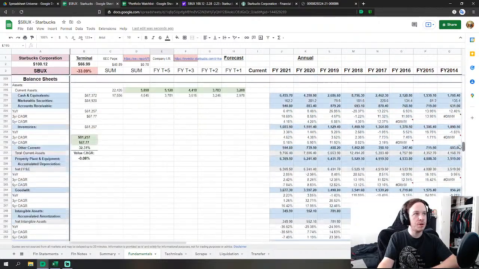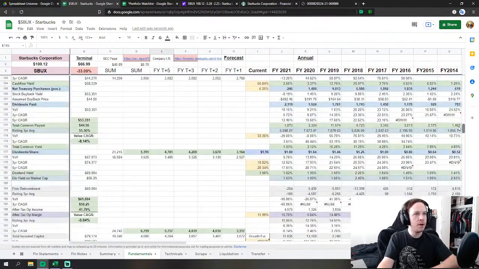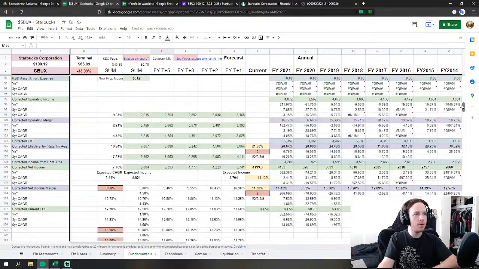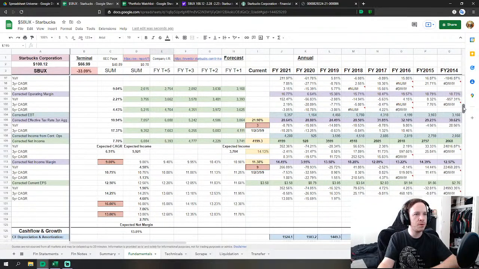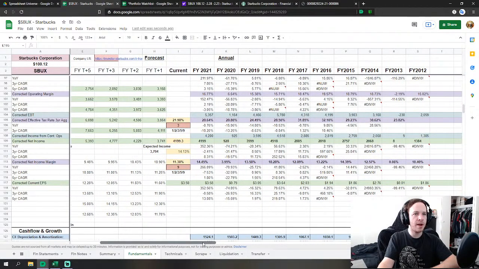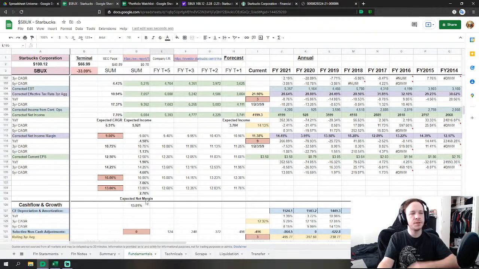I'm not sure how much more I'm willing to do for this one. Could argue that the margin should be a little bit higher. That's perhaps the only other thing.